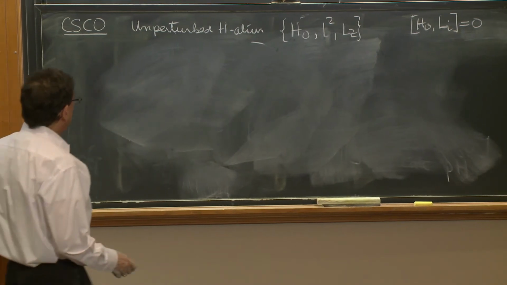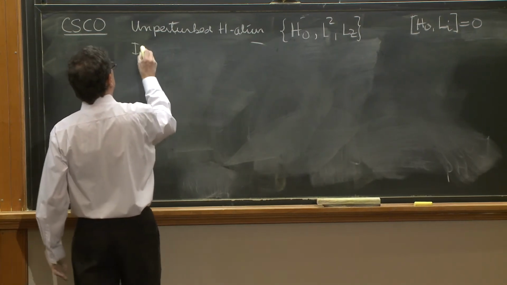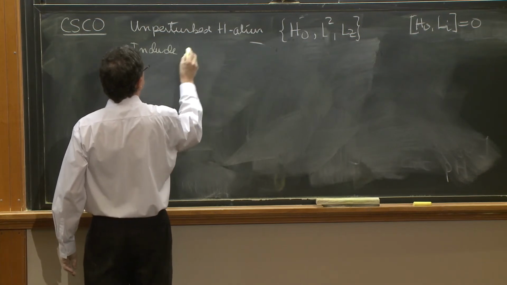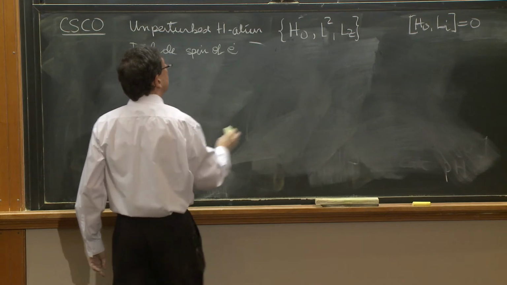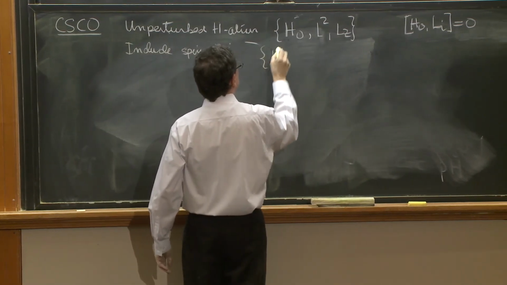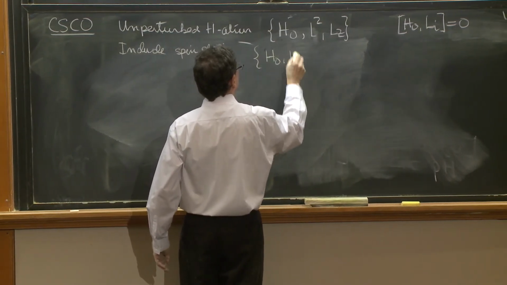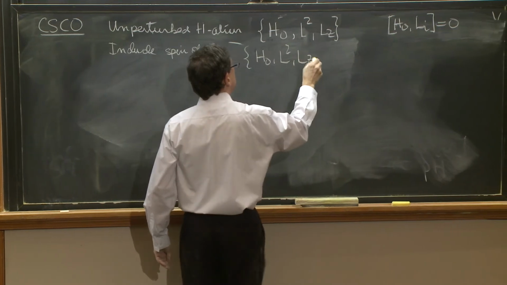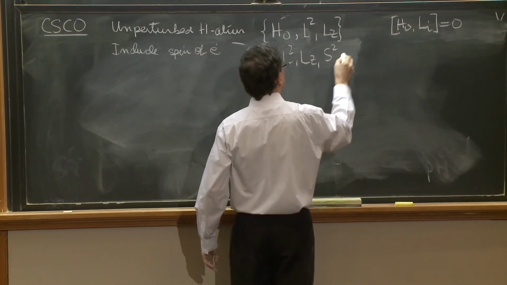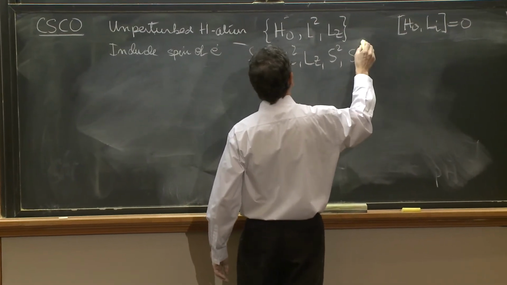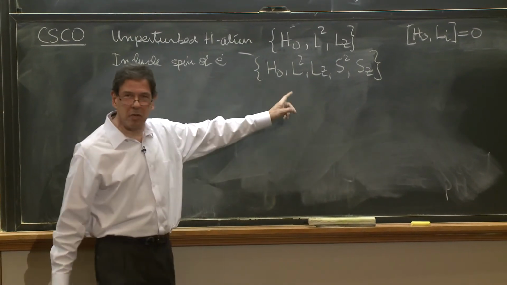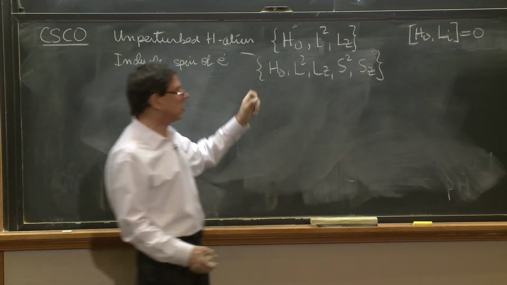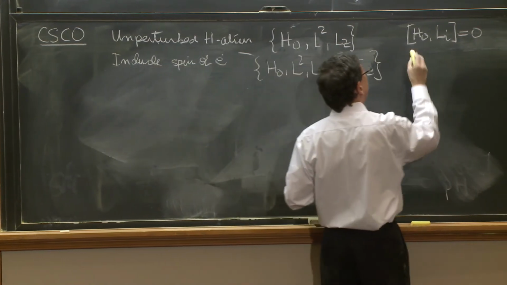Now, if we include the spin of the electron, this can be enlarged to H0, L squared, Lz, S squared, and Sz. The reason is that the original Hamiltonian knows nothing about the spin, so it commutes with it.